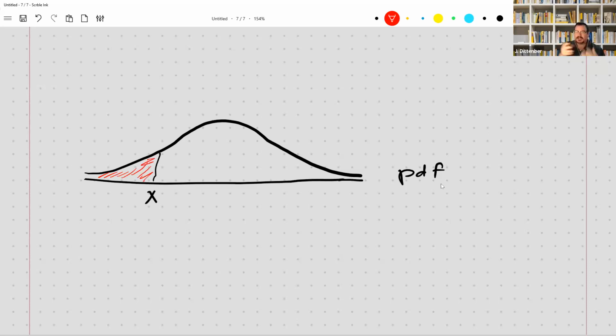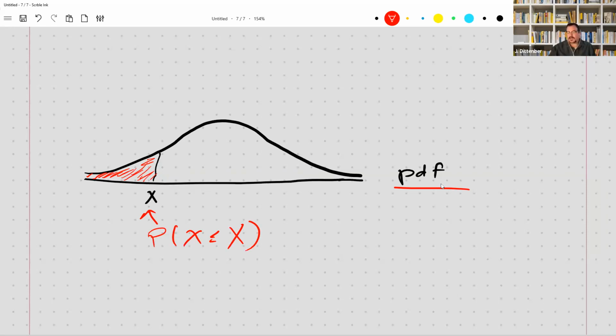How do I know it's the right area? How do I know that this PDF is mapping out the likelihoods in such a way that when I integrate it, when I find the area under this curve from here to X, this is going to give me the probability that the X is less than or equal to X, whatever this X is.